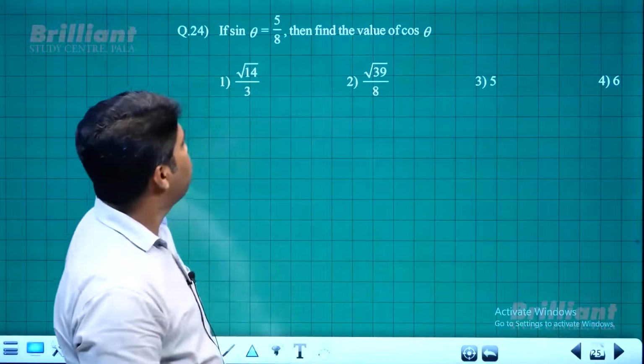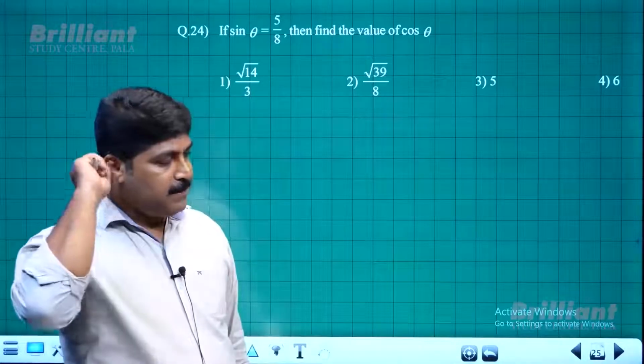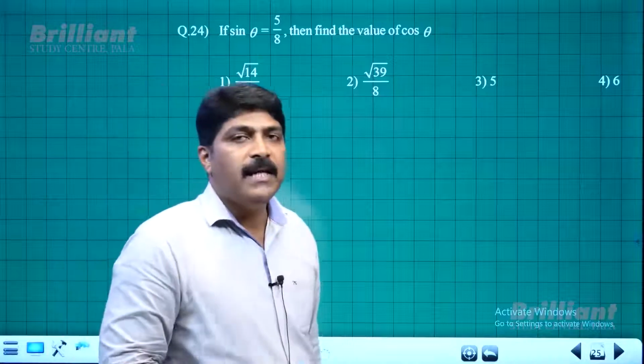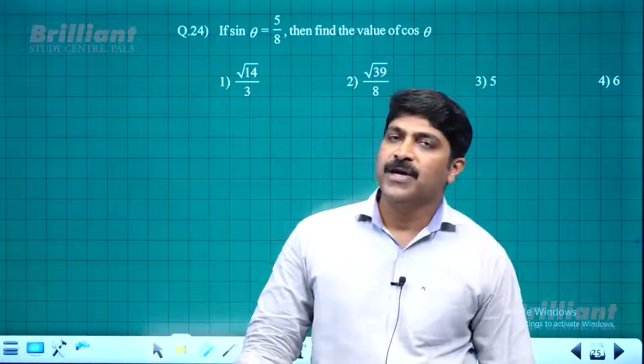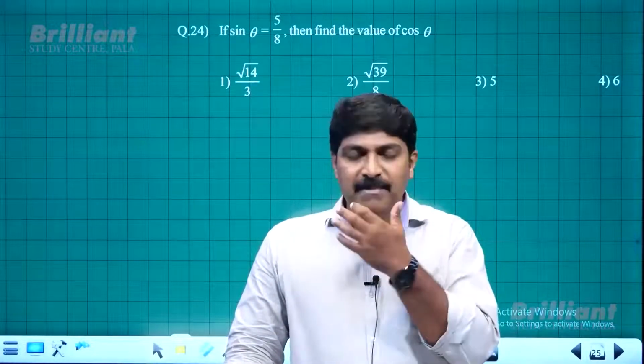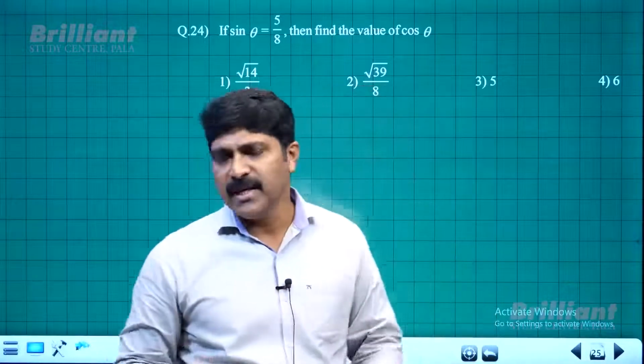The second last one. Sin theta equal to 5 by 8. Think about whether there is any Pythagorean triplet which contains 5 and 8. You can catch 8, 15, 17 is there. That means we are thinking about framing such a right angle.